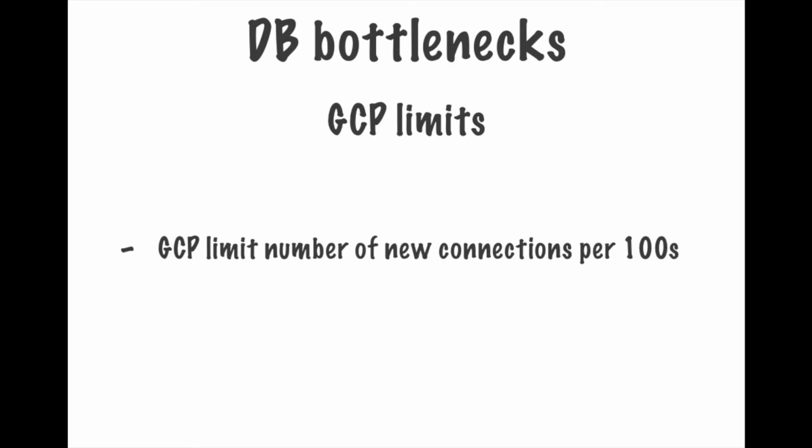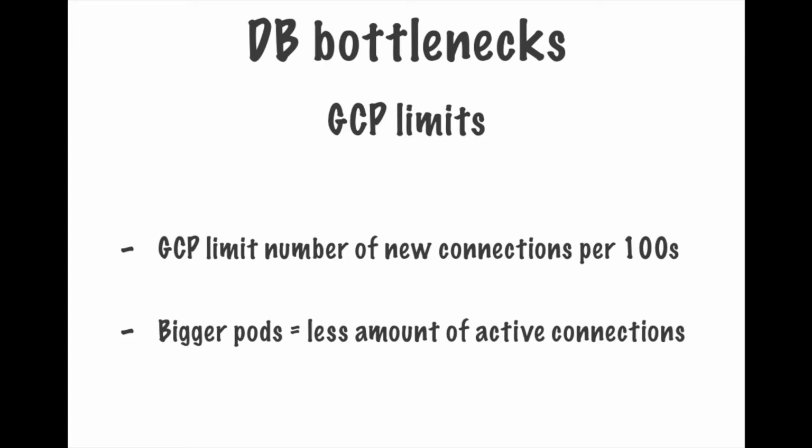So it's also important to remember that sometimes your provider can limit you. But finally we were able to raise it. I don't remember if you need to contact support or not, but we are able to change it. And here again, bigger pods help with a smaller number of active or new connections.